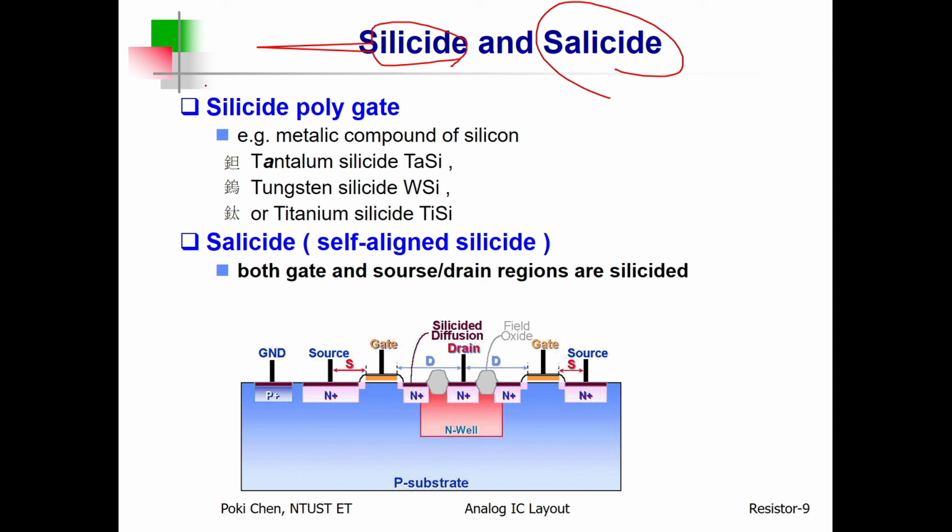For silicidation, it means we would like to reduce the poly gate resistance. But how?